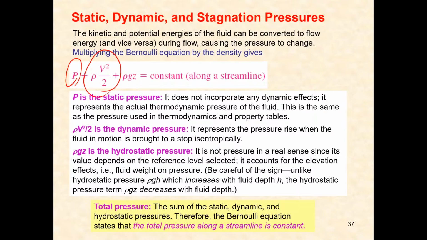When it involves velocity or motion, it has kinetic energy, so you can see a V term here, velocity, which is where the motion affects. The third term is due to the hydrostatic pressure, the pressure due to the elevation of the fluid. The total pressure is the summation of these three pressures: static, dynamic, and hydrostatic.